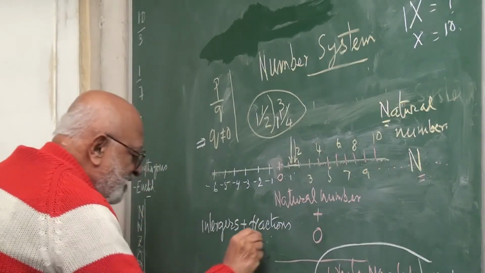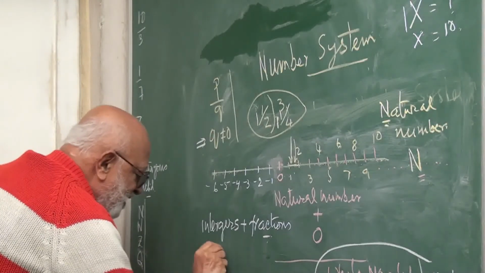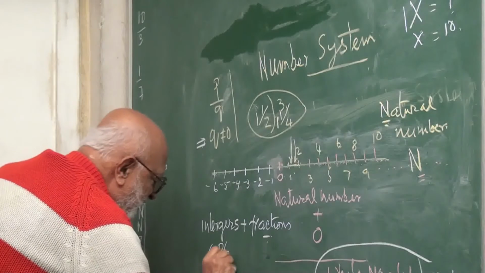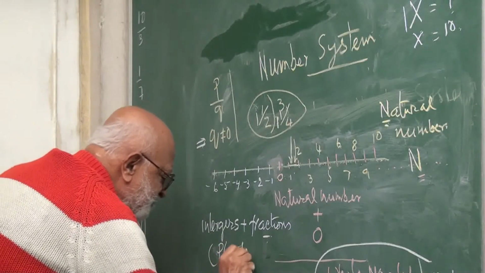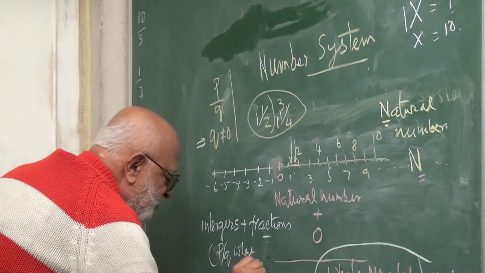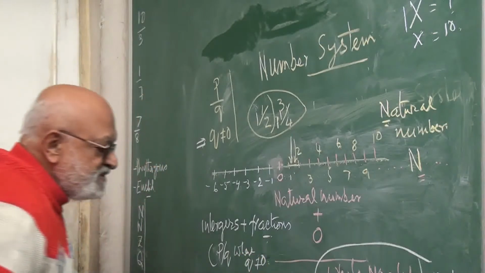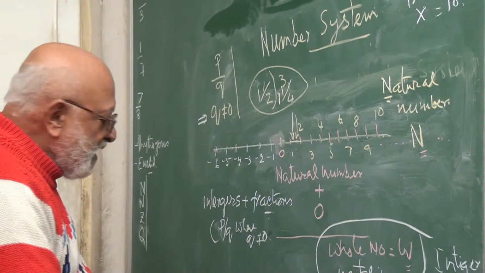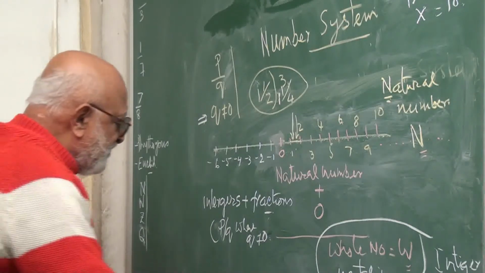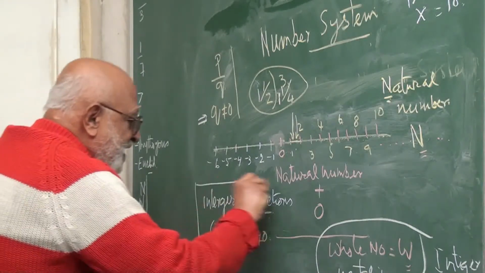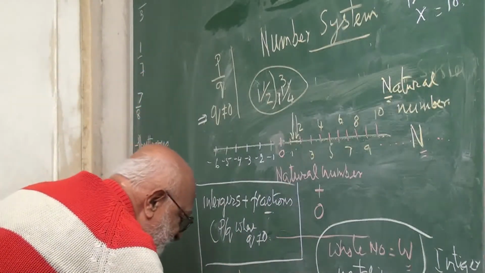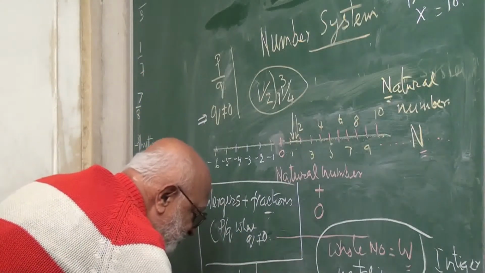Fractions, what do I mean? I mean a fraction p by q, where q is not equal to 0. Now this whole thing, plus integers plus fractions, we call rational numbers.